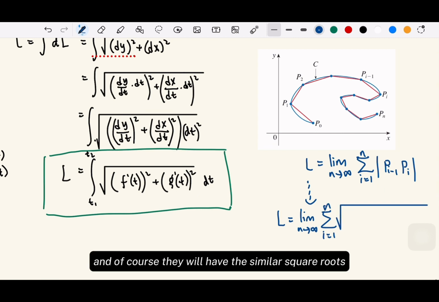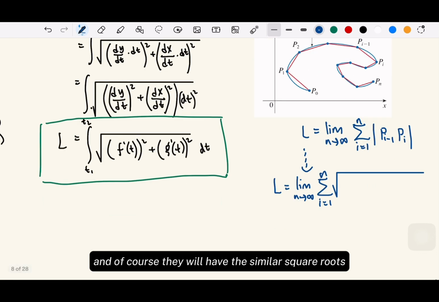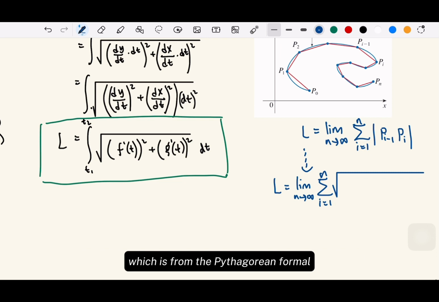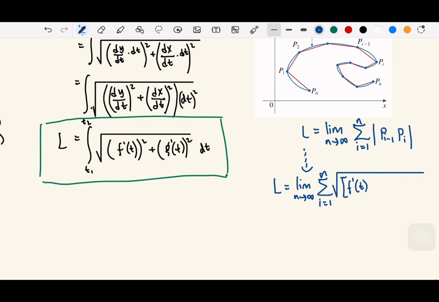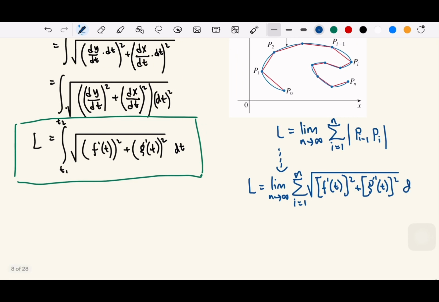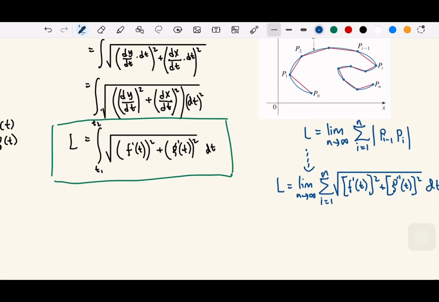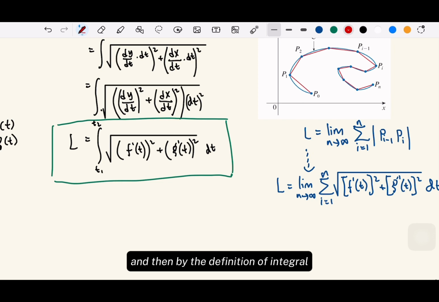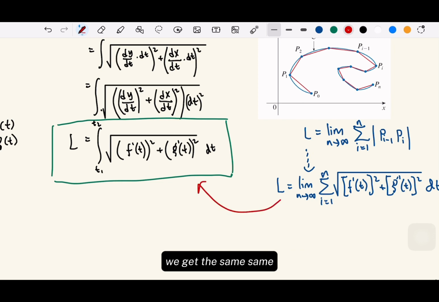And of course they will have the square roots because they found the distance, which is from the Pythagorean formula. Okay. And then by the definition of integral, we get the same conclusions.